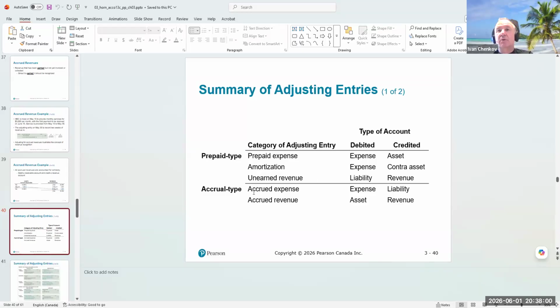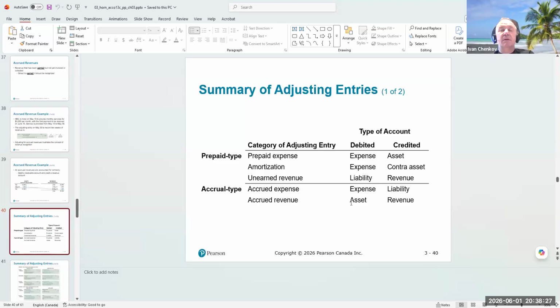For the accrual, opposite. We receive the expenses, but we haven't paid yet. So we're going to debit the expense, we created the liability, which later we're going to close. For the accrued revenue, we provide the service, we didn't get the cash payment.